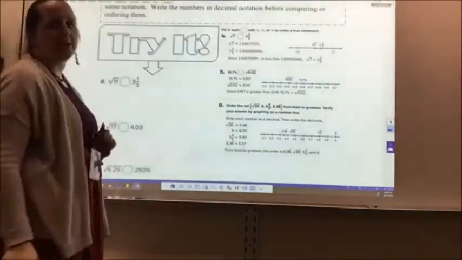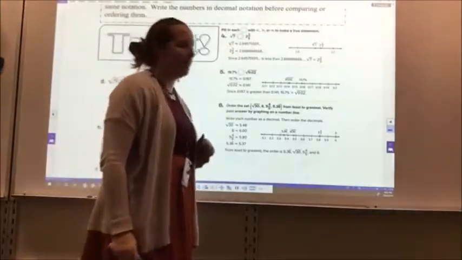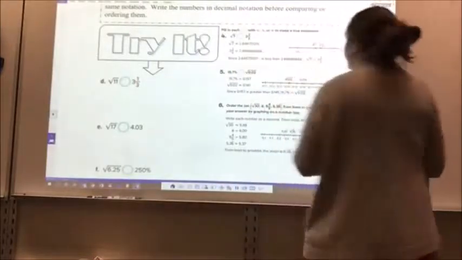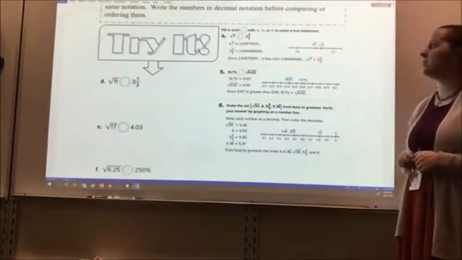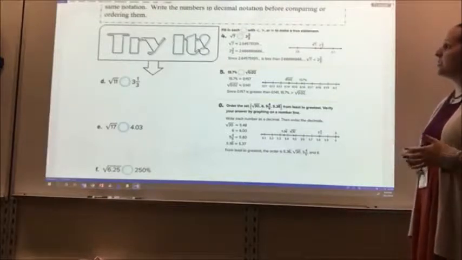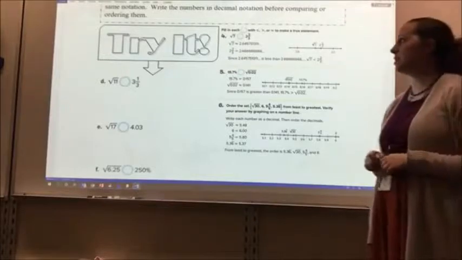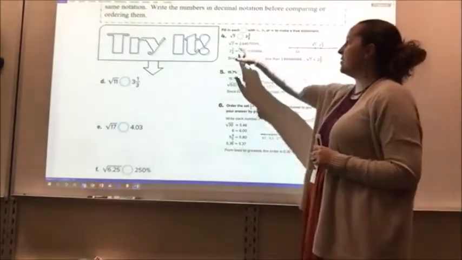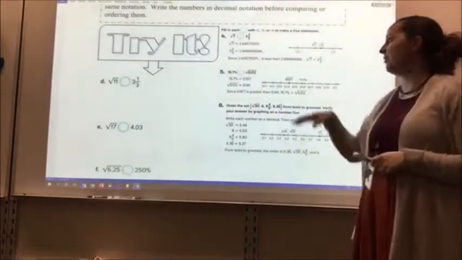All right, so I have a couple of examples to take a look at. The first example I have is number 4. Number 4 says fill in each circle with less than, greater than, or equal to make the statement true. Okay, so for number 4 I have the square root of 7 and 2 2/3. So I'm going to go ahead and look at the square root of 7. I'm going to approximate that to 2.6457, blah, blah, blah.